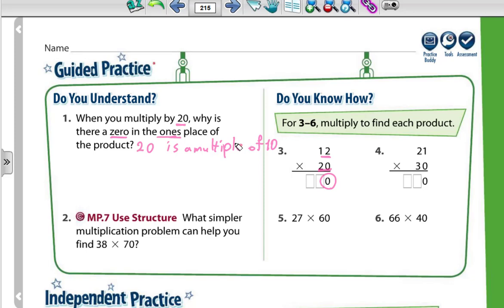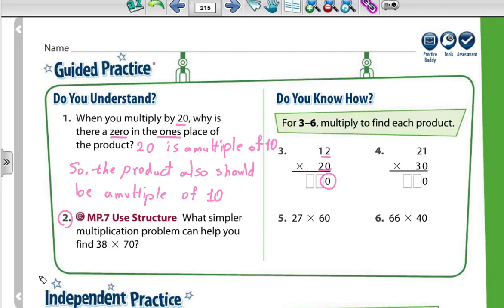So the product also should be a multiple of 10. So when we multiply by a multiple of 10, the product also should be a multiple of 10. That's why we have a 0 in the ones place.